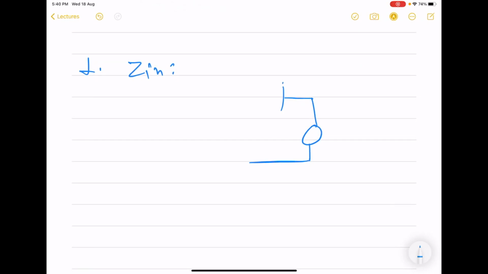So now between drain and gate, we have this feedback network.